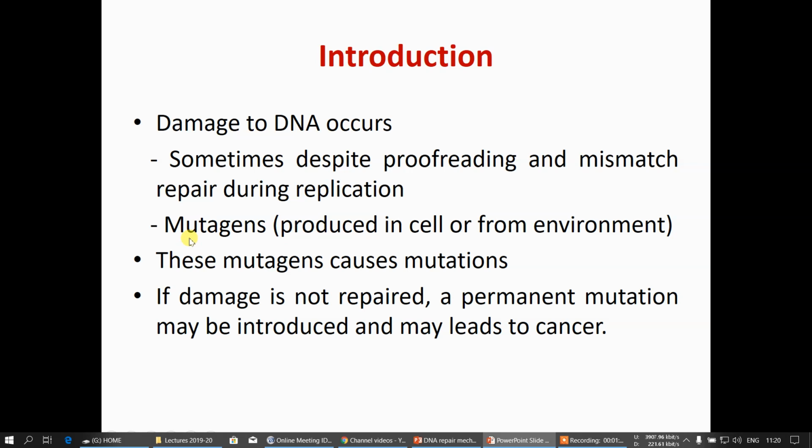Or certain chemical compounds, environmental compounds, or compounds produced in the cell can also lead to DNA damage; these are known as mutagens. These mutagens cause mutations. If these mutations cannot be repaired, they may lead to permanent mutation in the cell, and it may lead to cancer.